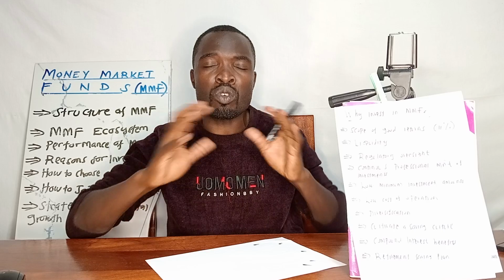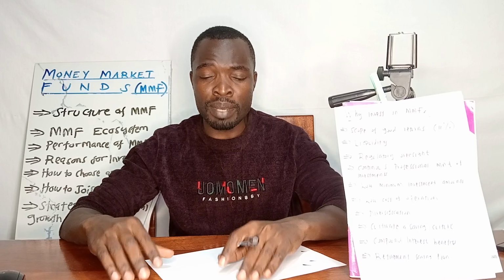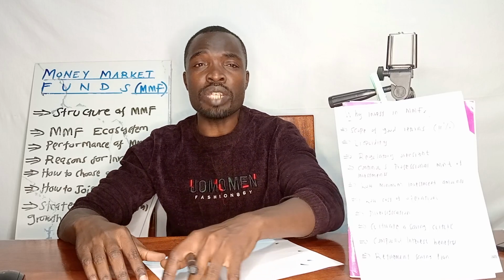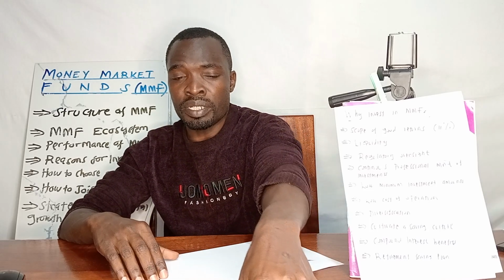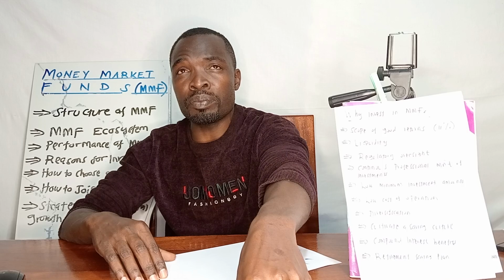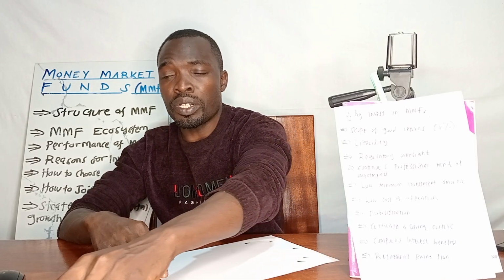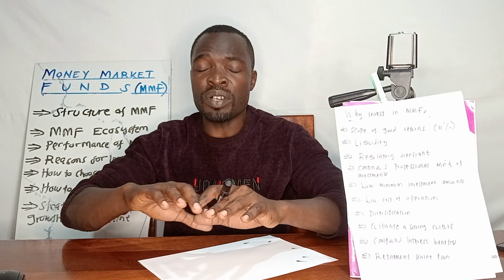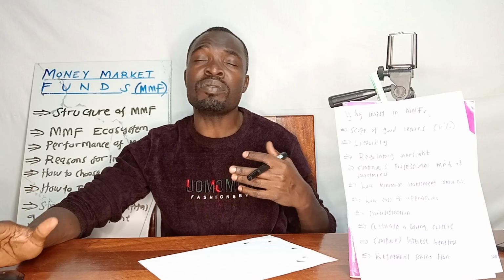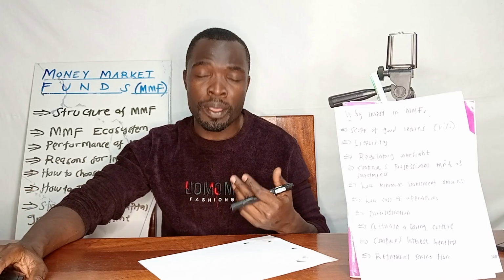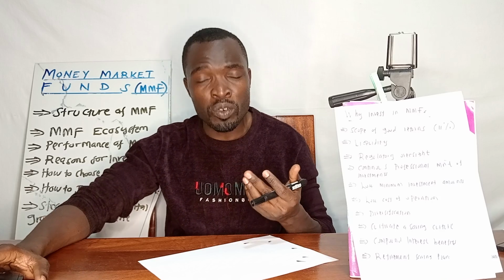Because we have so many people pooling their money together, money market funds are able to diversify, because they have a lot of money, so they can easily invest in a particular investment. For example, we've talked about deposits, treasury bills and bonds. So they have a variety of channels where they can invest, and this diversification ensures that the returns are high and risks are low.